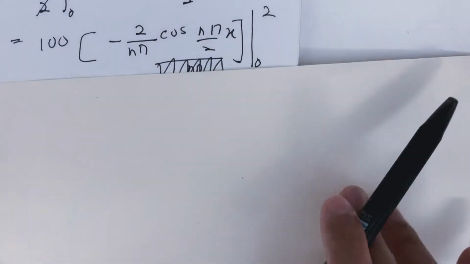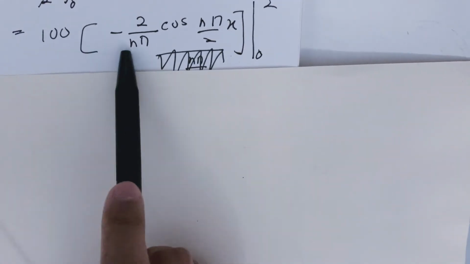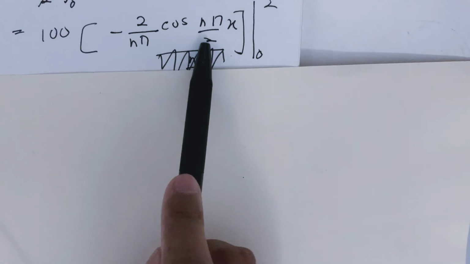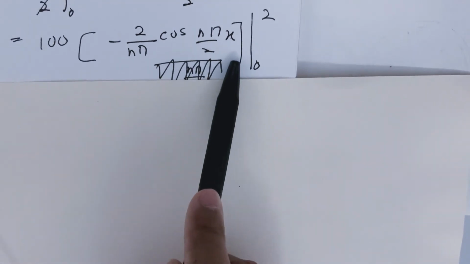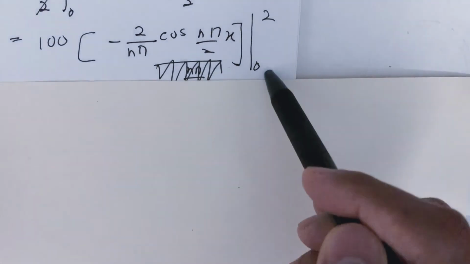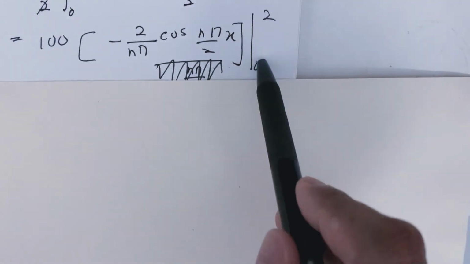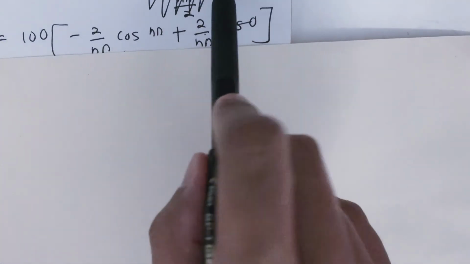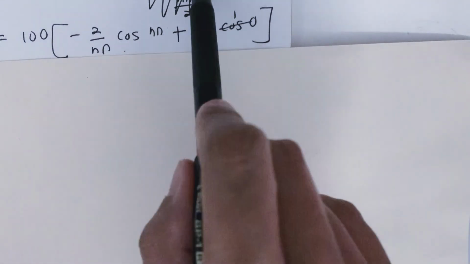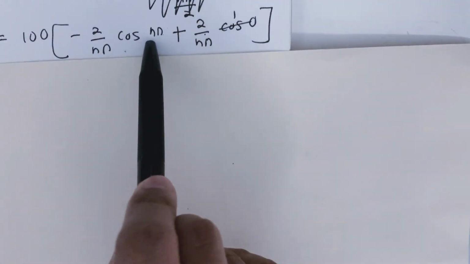By direct integration, we get 100 times negative 2 over n pi cos(n pi over 2 x). Now we put in the limits 0 until 2. When you put in 2, the 2 cancels out, so it becomes n pi.